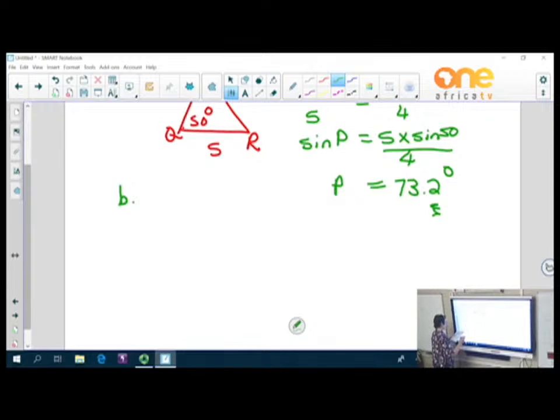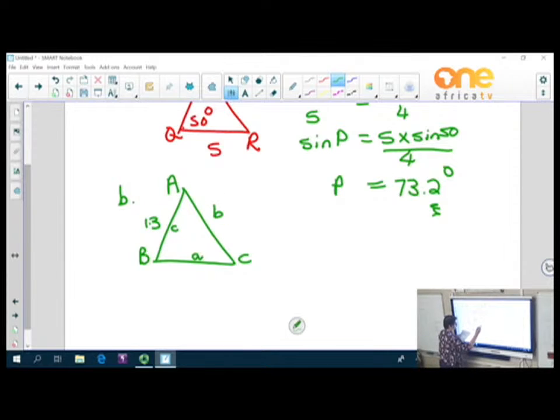Number B. So again, we've got a triangle A. And this time C is 13. This is opposite, so this is C, this is B, this is A. B is 20, so that one is 20, and angle C is 35 degrees. Now we have to find, the question is, what will B be? That is the one that I'm going to put in the left.